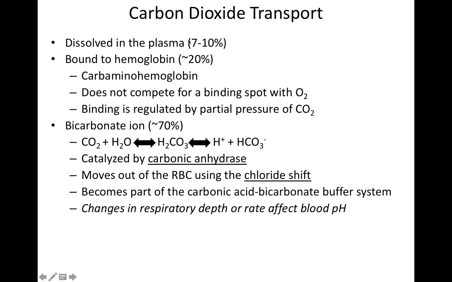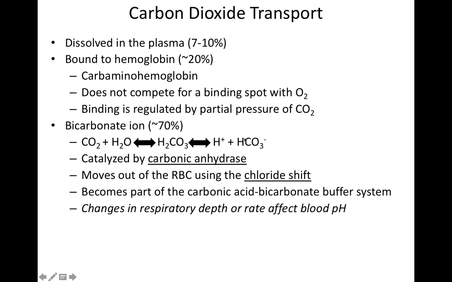So we're talking about CO2 transport. We loaded on a bunch of CO2 at the tissues, and some of it got dissolved in the plasma, a little bit more bound to the hemoglobin, and the rest of it, up to about 70%, is traveling as a bicarbonate ion. So this CO2 moves over here and is bound up in a bicarb ion.